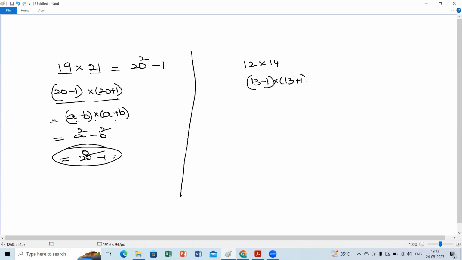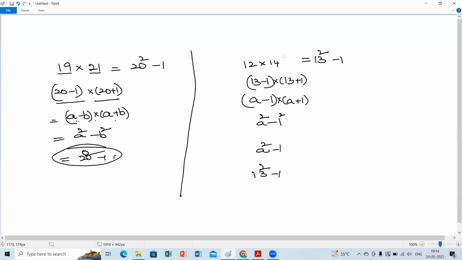Yes, ma'am. So this can be written as (a minus 1) into (a plus 1), which is a square minus 1 square, that is a square minus 1. So it is 13 square minus 1.